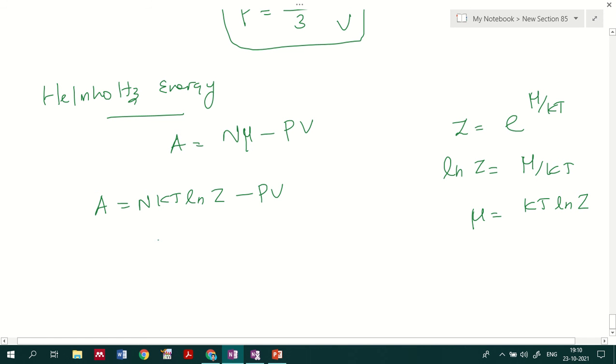And we also know that P by kT equals g_{5/2}(z) divided by lambda cubed. And PV by kT, then what?